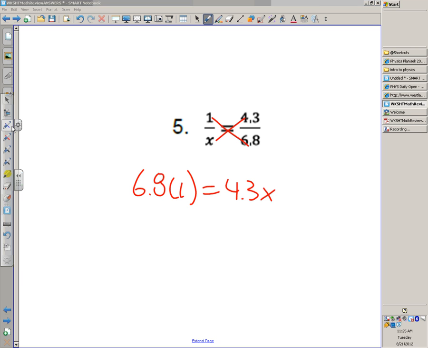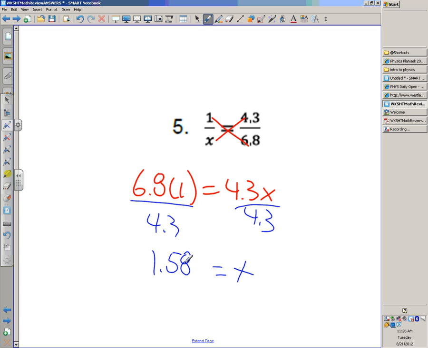Divide by 4.3, divide by 4.3, you end up with x equals, I don't know, 1.2-ish or something like that. What is it? 1.58? Like that. Problems there?